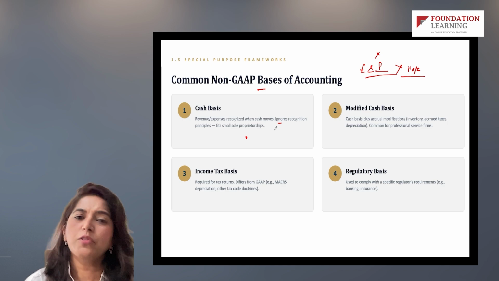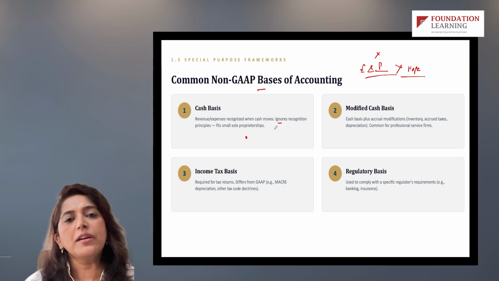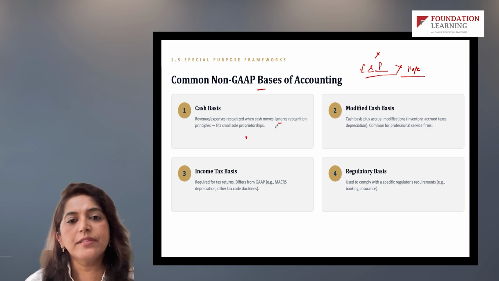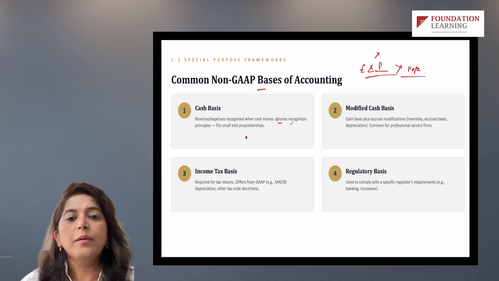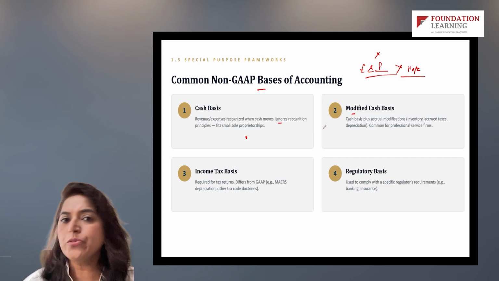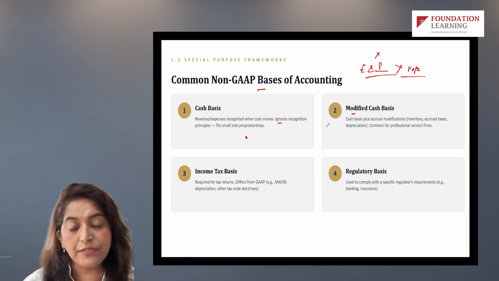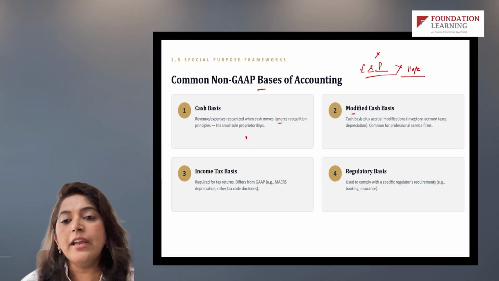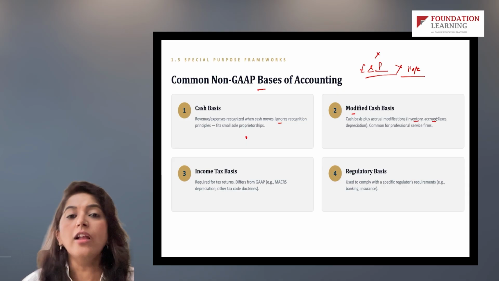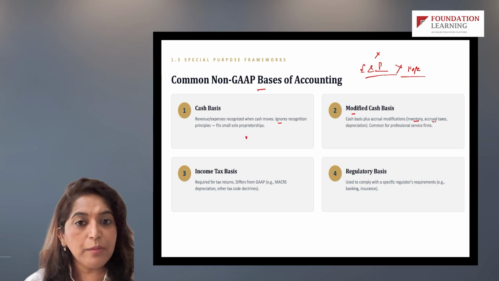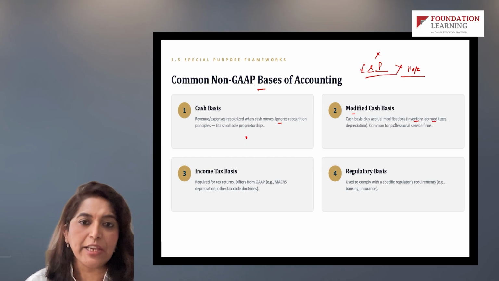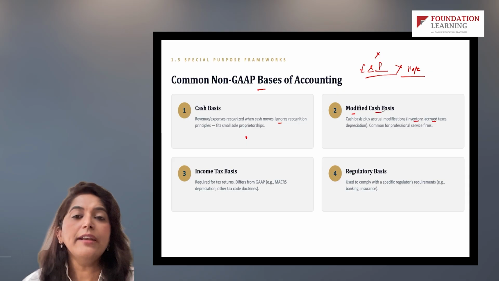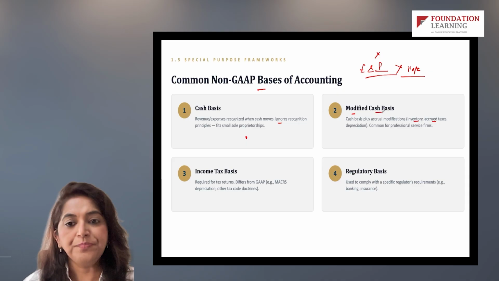A small trader can use a cash basis for their financials, right? They don't have to use accrual basis. Modified cash basis, so for certain transactions you use accrual basis of classification. Let's say for inventory, for accrued taxes and all, you use accrual basis, but for sales and expenses and all that, you still use cash basis. So that is a modified cash basis of financials.